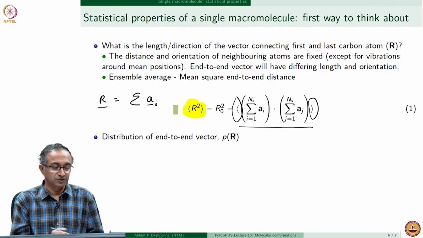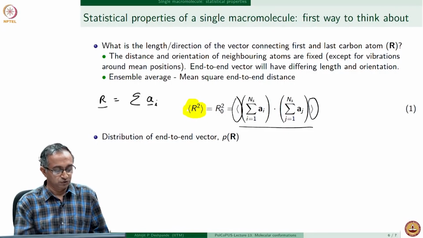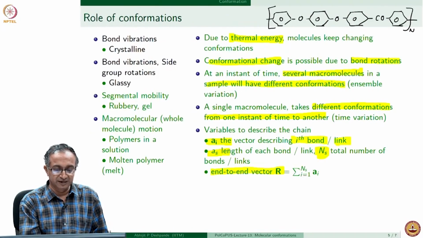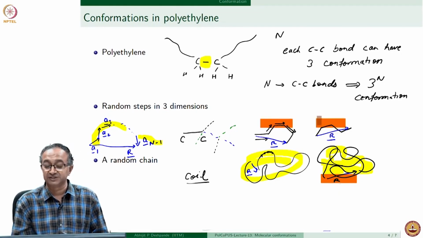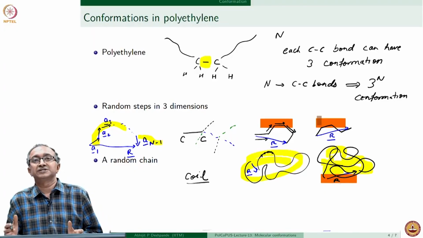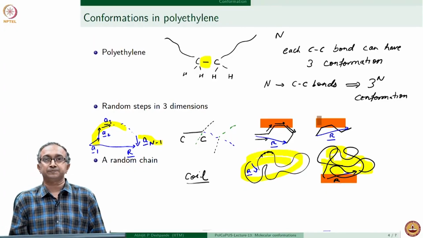So I need to look at all the possibilities of conformations that I had shown earlier. So this is one conformation, this is another conformation, and all such conformations and their averages.